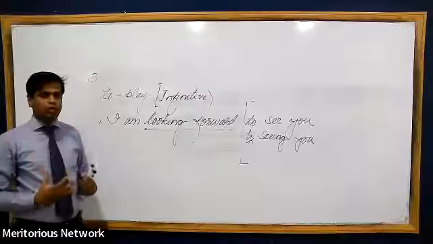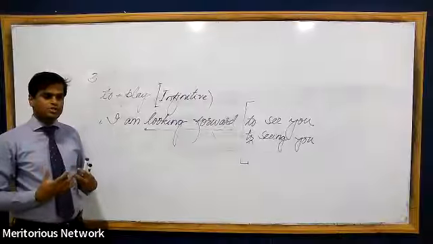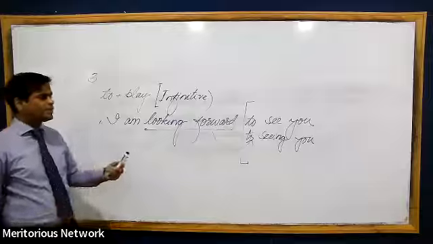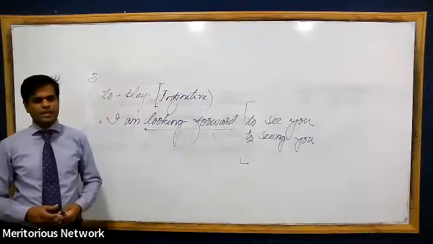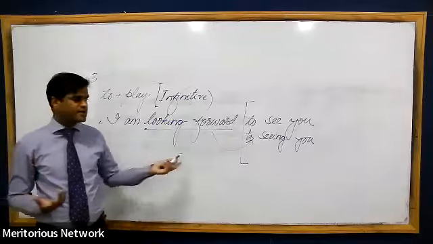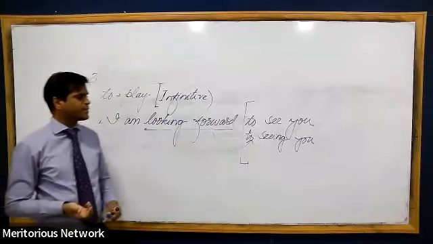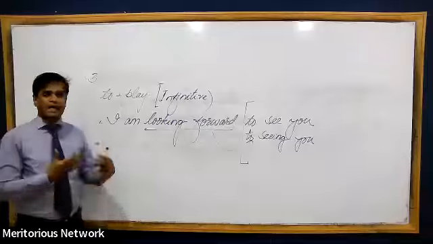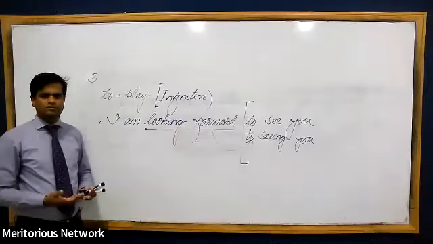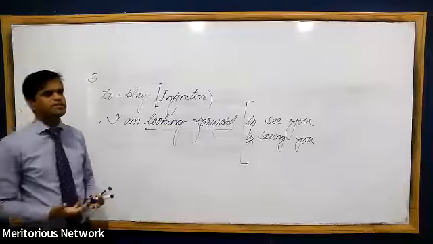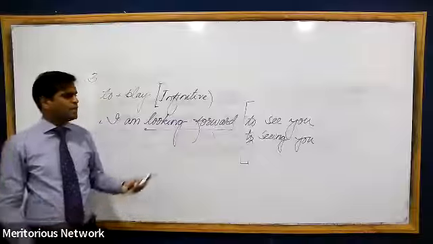So when the phrase look forward is used in the sentence, then with to we need to use the present participle form, the ing form. In other cases, we need to use the first form of verb with to. In most positions, we need to use to plus first form of verb.